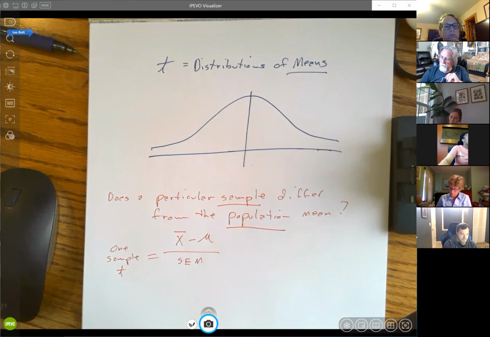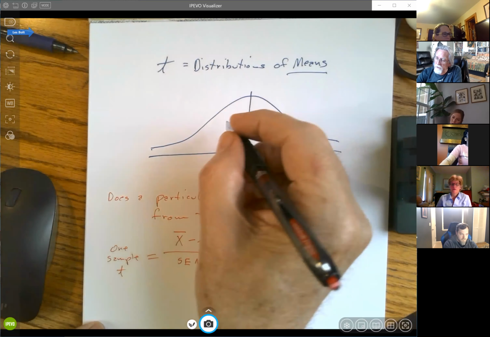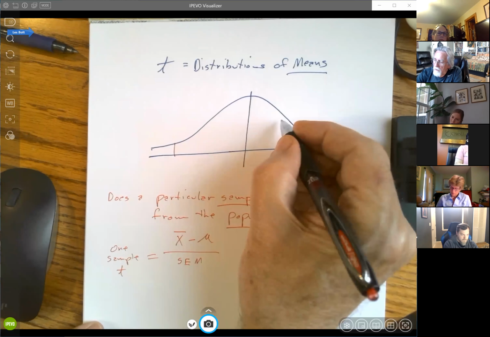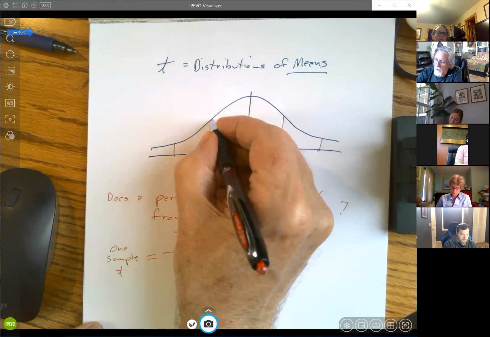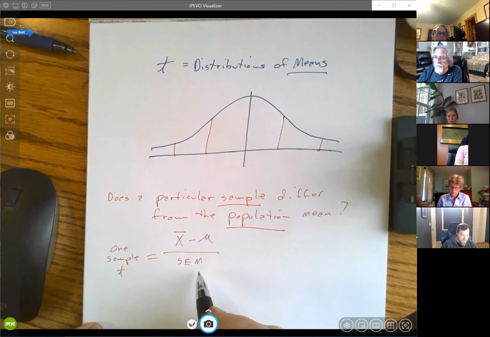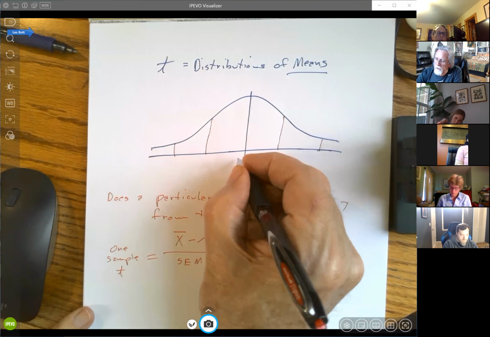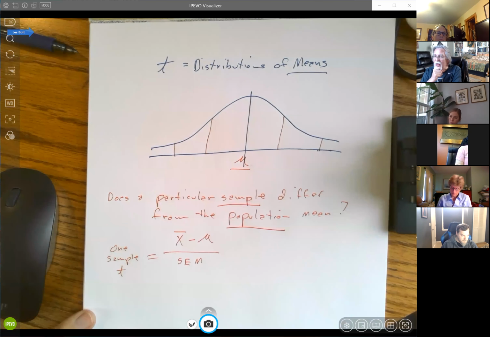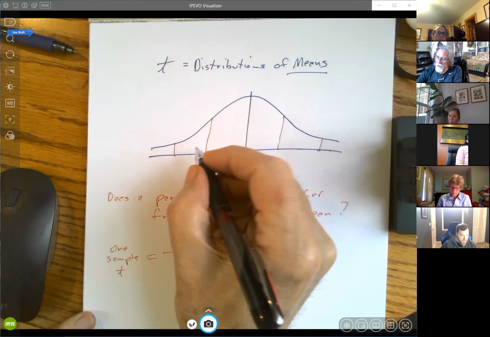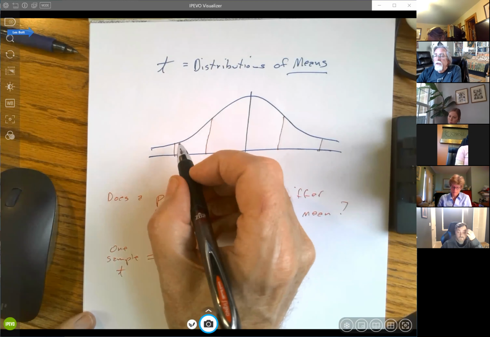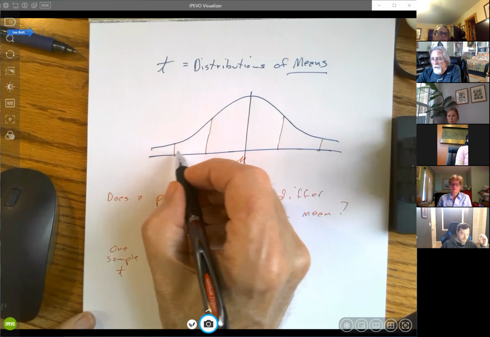But what you're actually doing for a one sample t, you're saying, okay, these are units of what's called standard error of the measurement. If this is the population mean here in the center, and a sample mean is, say, in here, now there is a little leeway here.